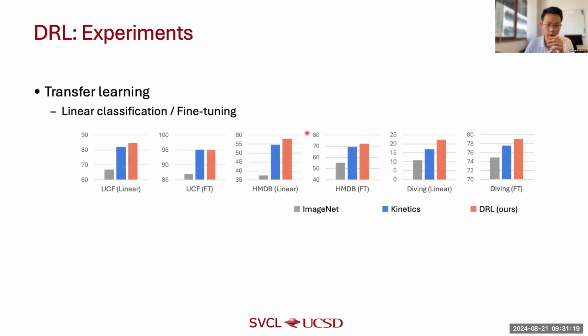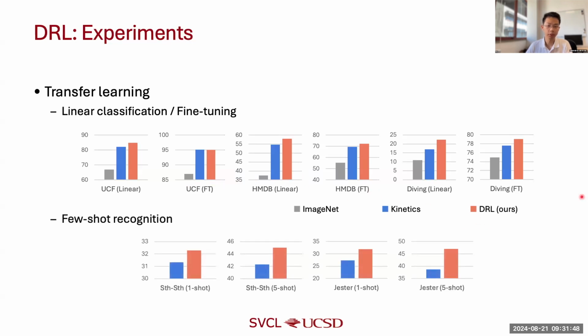Expanding the experiments to full Kinetics pre-training and evaluating the representations on a larger diversity of downstream tasks, we can see that compared to conventional pre-training on ImageNet or Kinetics, DRL, which is our method, produces representations that transfer better to new data sets under both linear evaluation and fine-tuning settings.